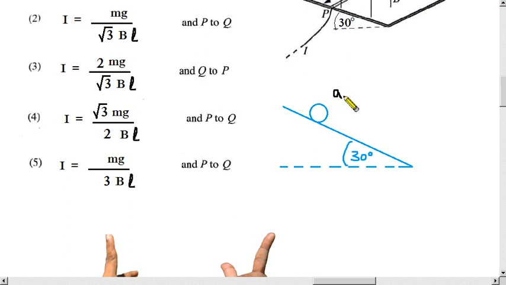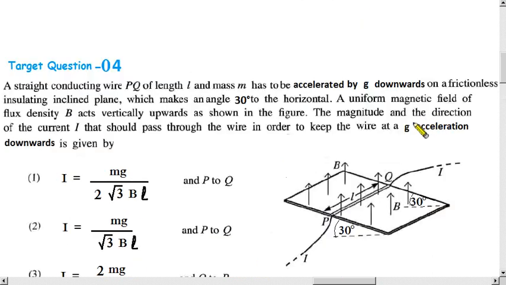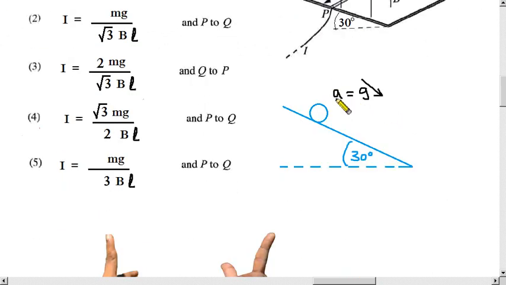A equals g downwards. A means acceleration, you know that. So already we have a force downwards. What is that? mg sin theta, sin 30 in this case.